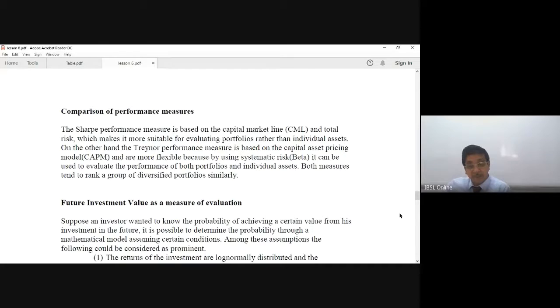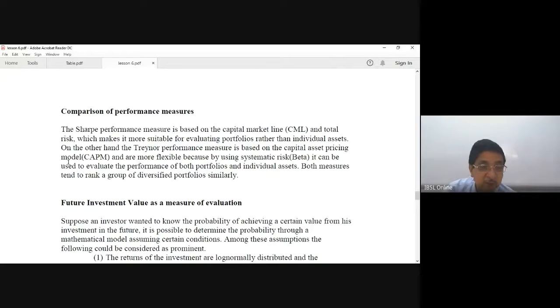But that doesn't mean it is not applicable for individual assets, but I think it is better applicable for portfolios. On the other hand, the Treynor performance measure is based on the capital asset pricing model and is more flexible because by using systematic risk, it can be used to evaluate the performance of both portfolios and individual assets.